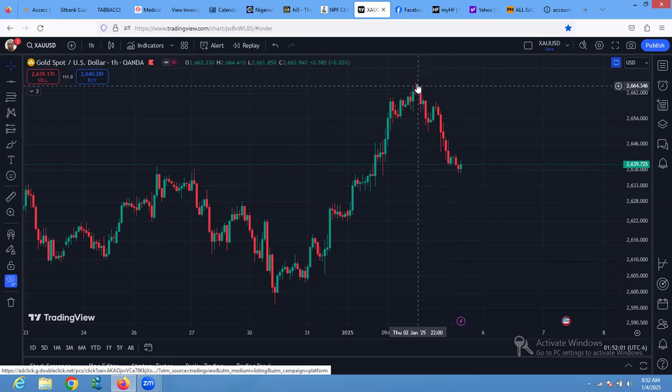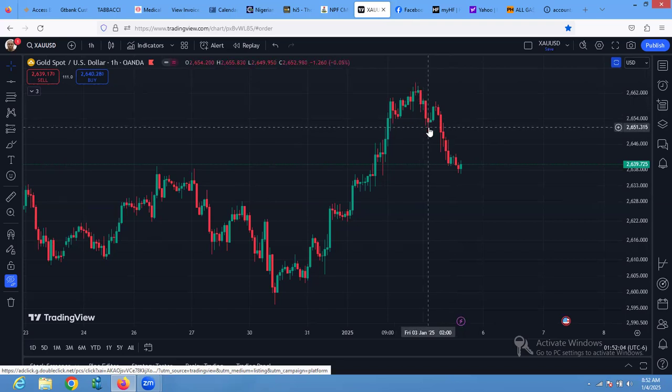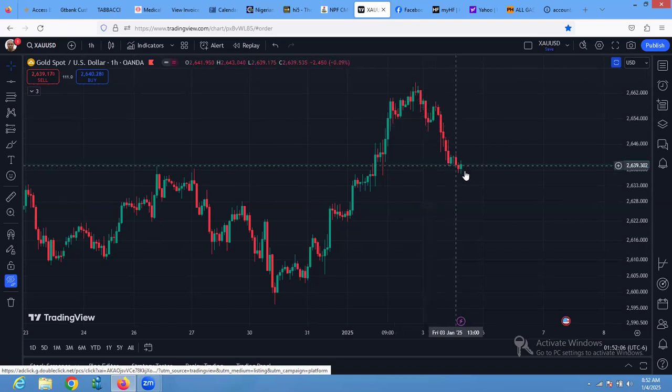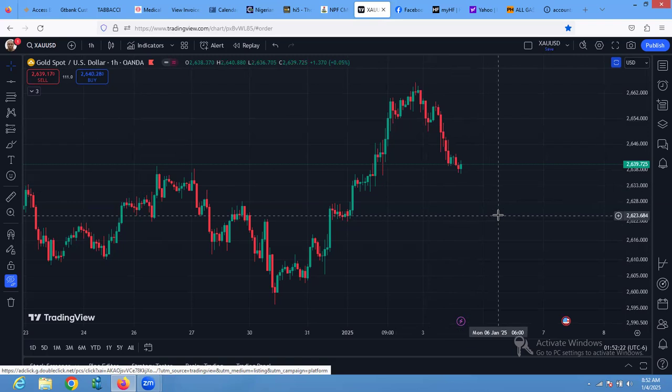Now, another thing is to look at this as the first wave and A, B, C. If this one breaks 161.8, it is almost breaking it, once it breaks it, it tells you that this may be correcting to the upside around this zone here, 2652 and 2650. If we get a reaction there, we sell.